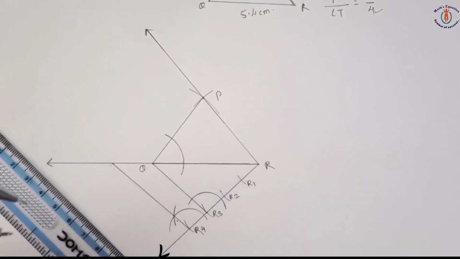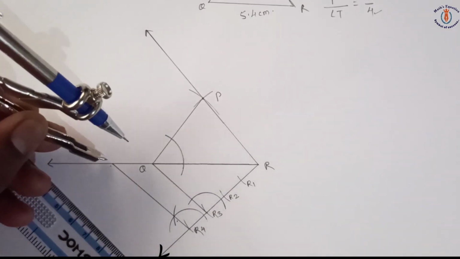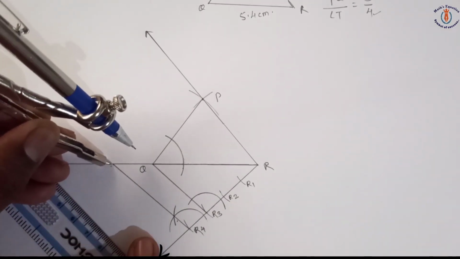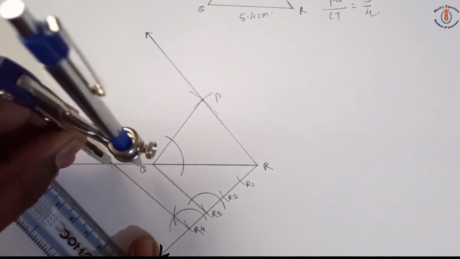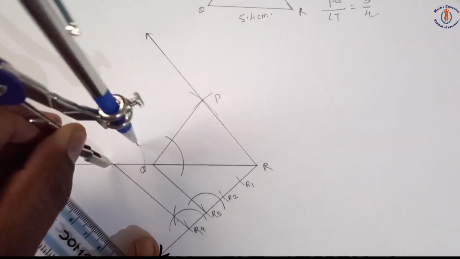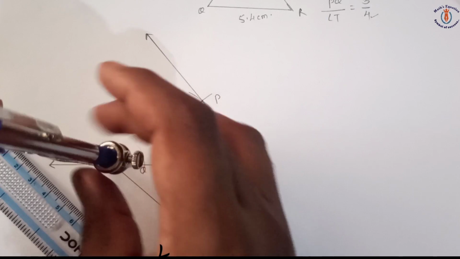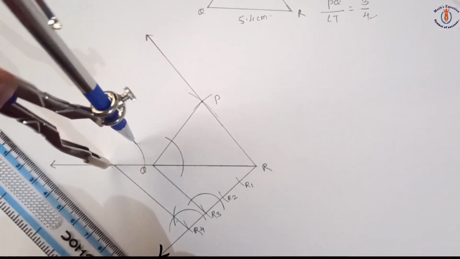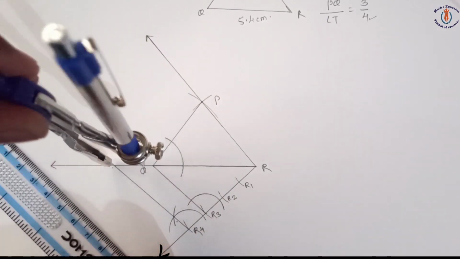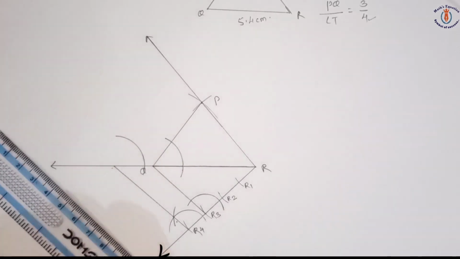Okay, now don't change the distance and hold here, and again intersect that. Okay, like this. So this is the second arc.